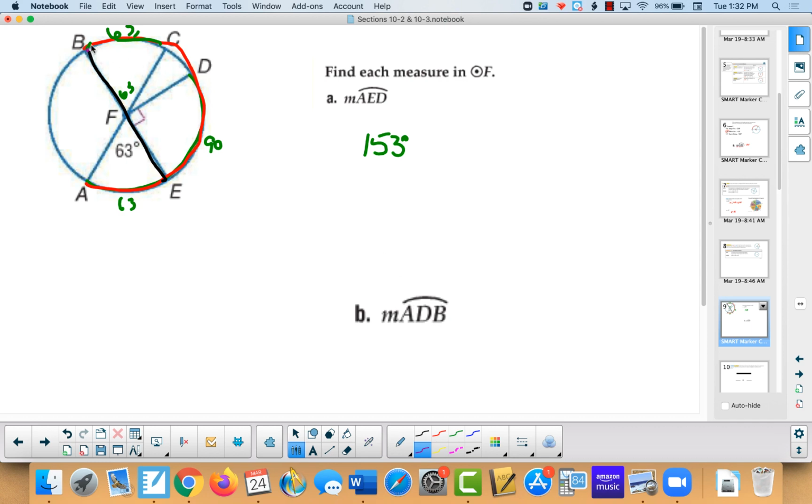This piece is 180. That semicircle is 180. This piece we already knew was 63. So the whole thing would be adding those two together, or 243 degrees.